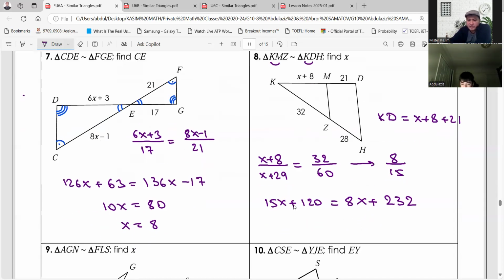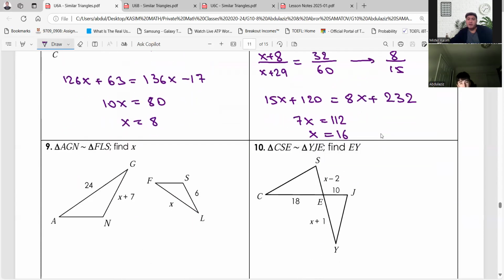And move 8x to the left-hand side, it is 7x. And 120 to the right-hand side, 112. What is x? 7 times 15, 105. So it should be 7 times 16, right? Yeah. Okay.